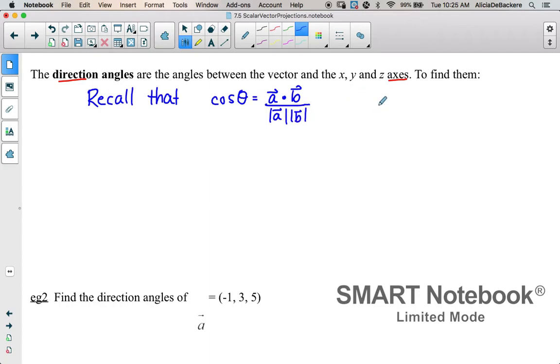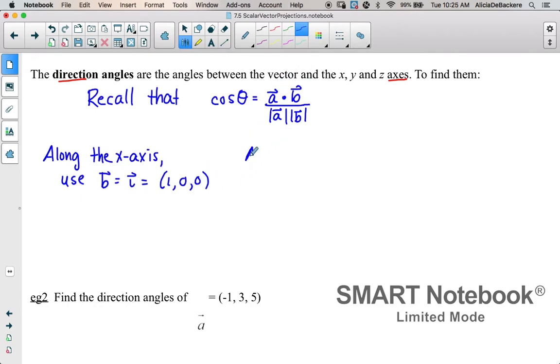And then to find the angle along the x-axis, I'm going to use the x-axis standard unit vector. So that would be the 1, 0, and 0.